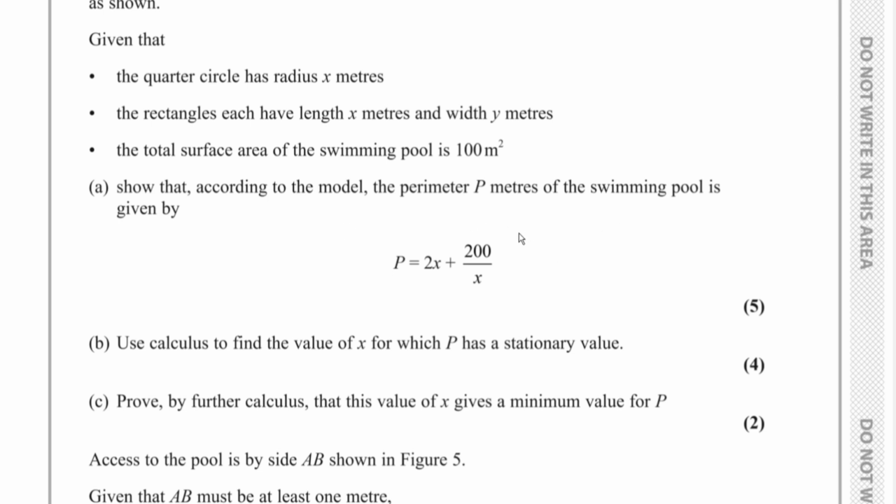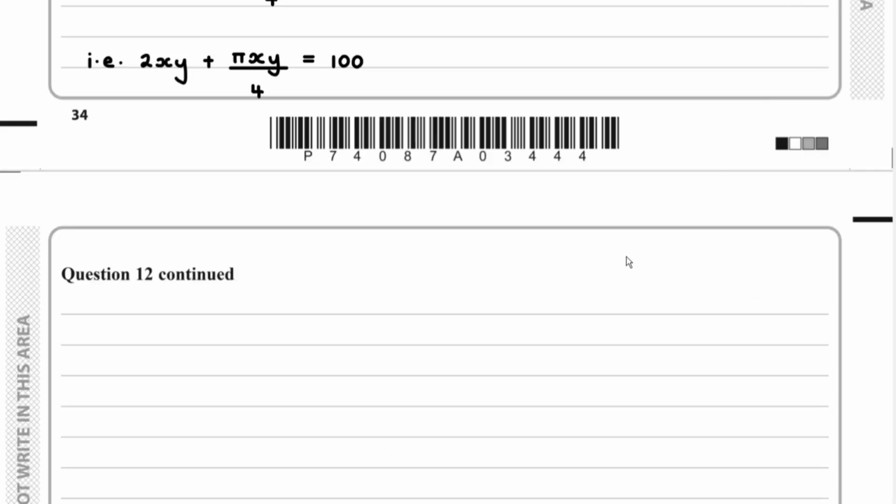Now what we need to do is find the perimeter. And you'll notice in our show that question we have no y's, which means we would have to find out what y is first. So if I rearrange for y, you will find y to equal 400 subtract pi x squared over 8x. And now let's find out what p is, the perimeter.